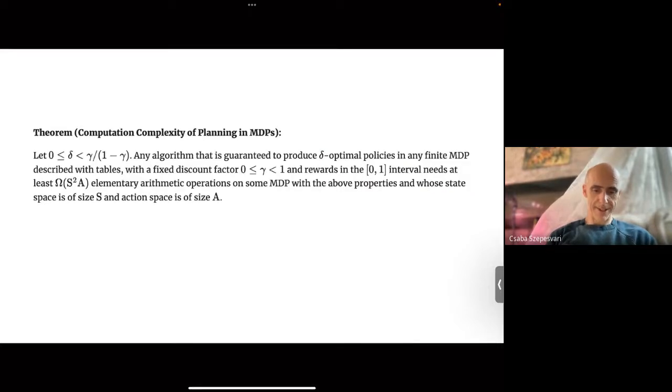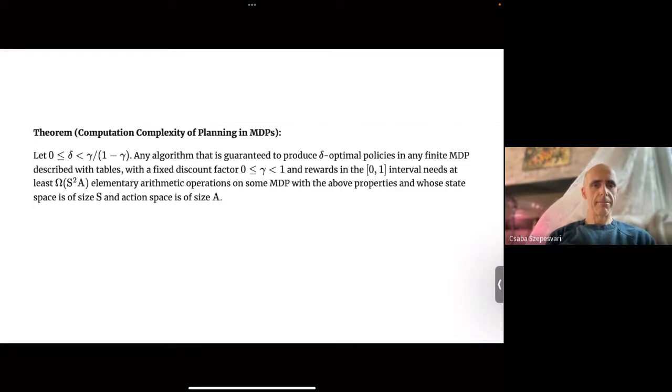There we go. So this actually is the lower bound. The lower bound just says that you have to touch basically every state-action pair S times before you get an answer.